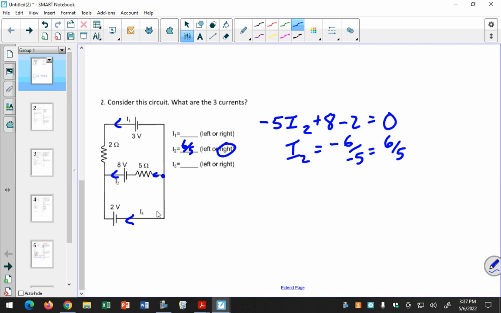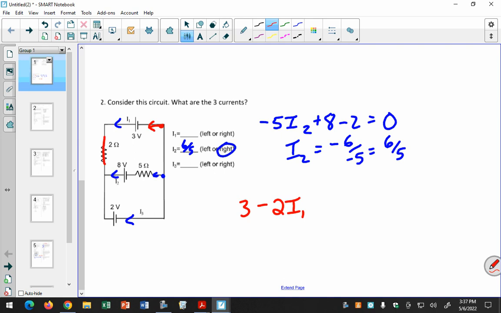Now that I know I2, I can solve I1. I'm going to start right here and go in this direction, but it doesn't matter where I start or the direction that I go, that's just completely random. I get 3 minus 2I1. Positive 3 because I'm going from low to high potential, the little side of the battery to the big side of the battery, minus 2I1 because I'm going with the current through that resistor.